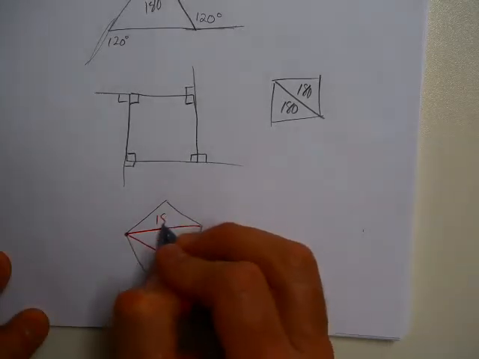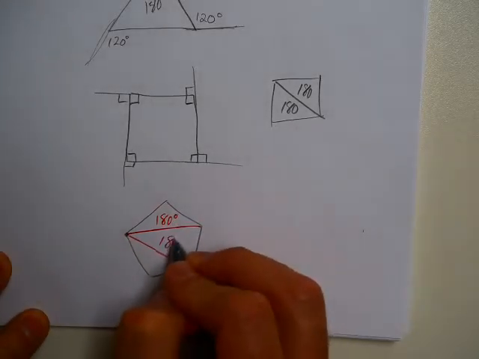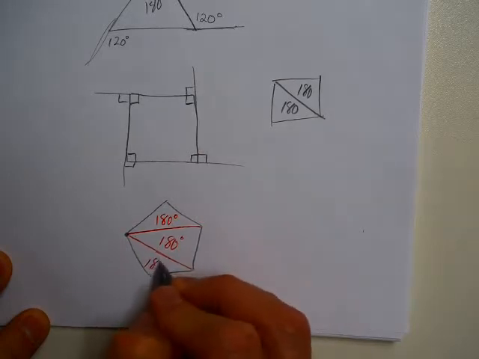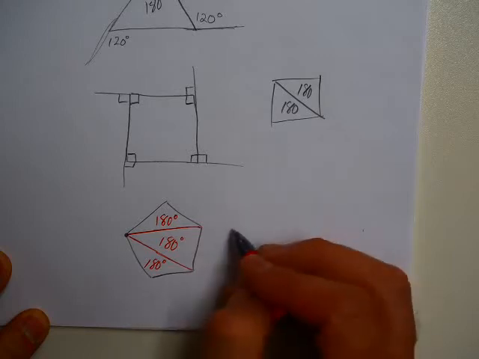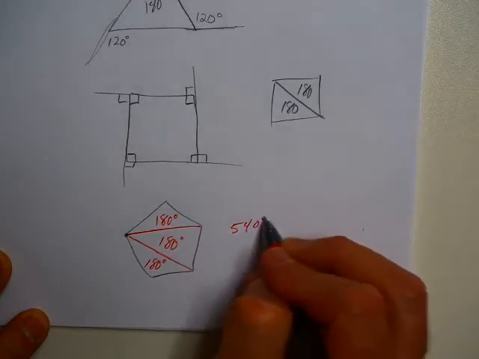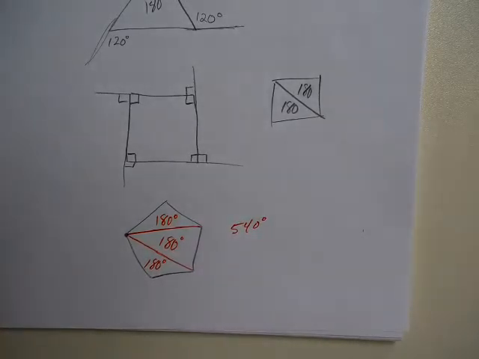And in each triangle is 180 degrees. If I add up 3 triangles' worth of degrees, I get 540 degrees, which is exactly what we calculated earlier. So however many sides you have doesn't matter.